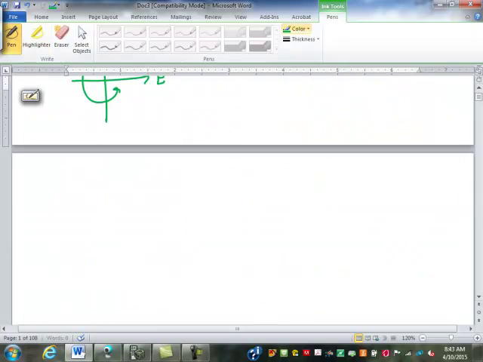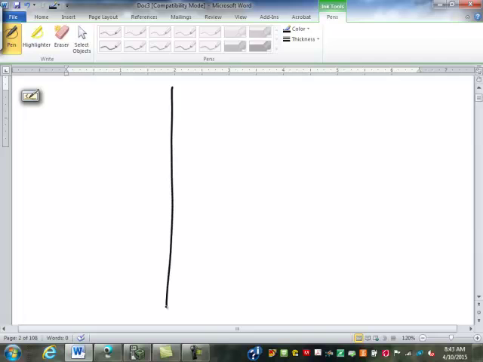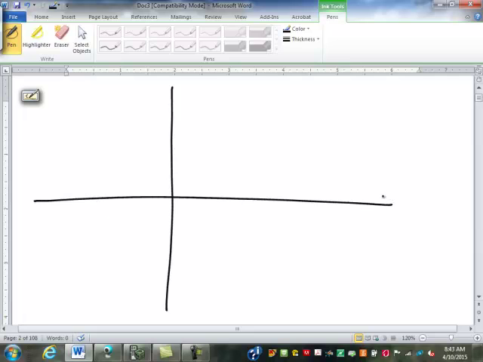So about the first thing we need to do is we need to be able to look at the graph and identify points. Let's see if I can do a decent enough job of drawing my graph here.